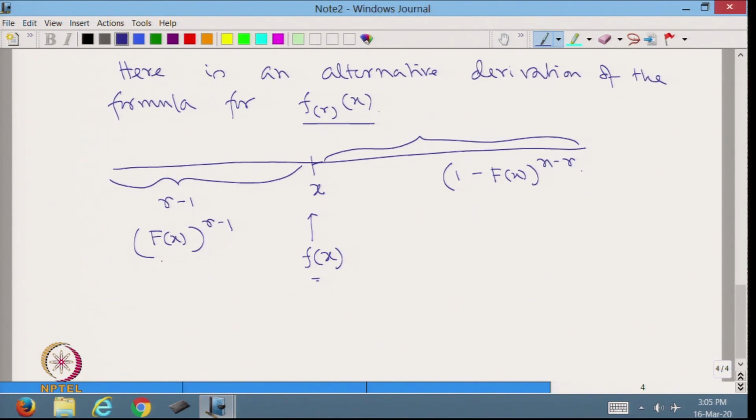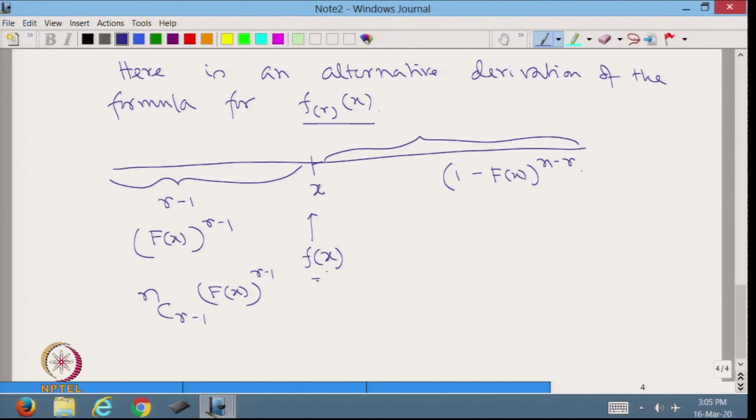Now, these r minus 1 can be chosen out of n in nC(r minus 1) ways. So, that is being multiplied by this probability.